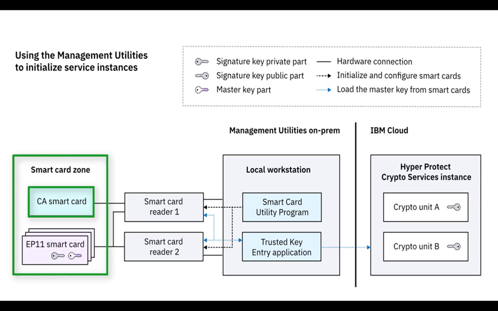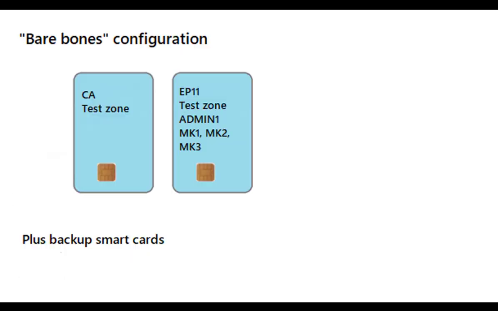The CA smart card can also be used to reset a blocked pin on an EP11 smart card in the zone, but we will talk about that later. The other type of smart card that HPCS management utilities use is the EP11 smart card. EP11 smart cards can store a single signature key and up to 85 master key parts.